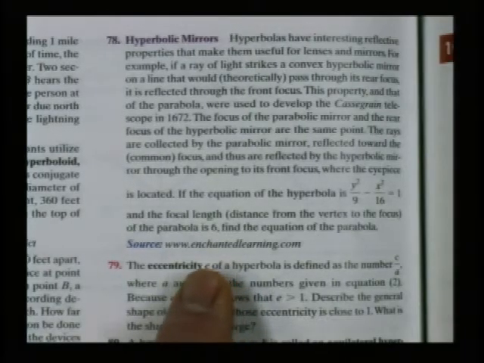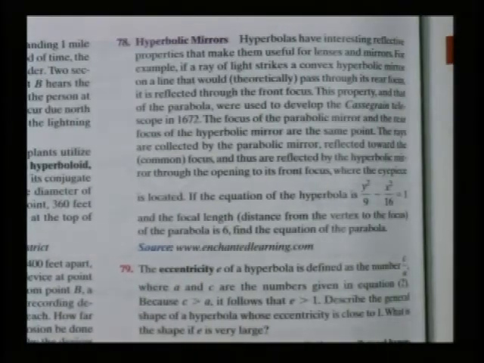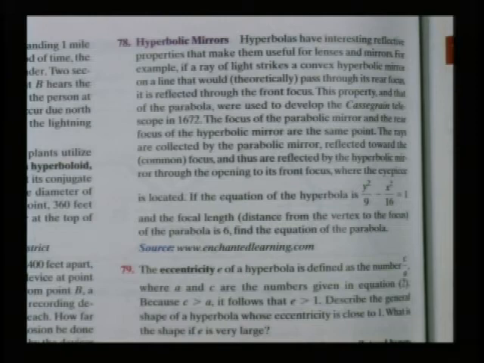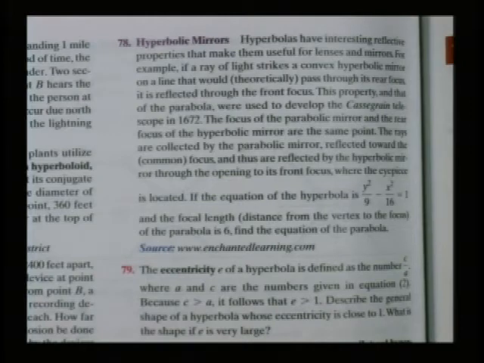One final comment is nuclear cooling towers are in the shape of a three-dimensional hyperbola where you have rotated the hyperbolic shape around the conjugate axis. Now remember, the conjugate axis is that axis that's perpendicular to the transverse axis.